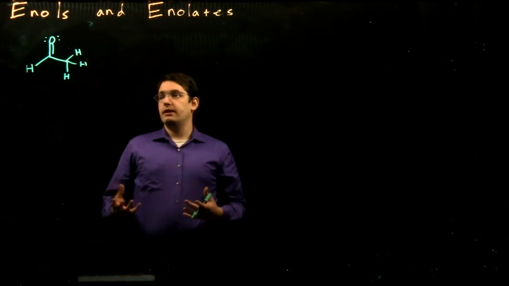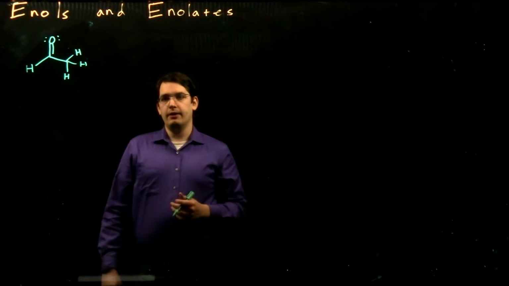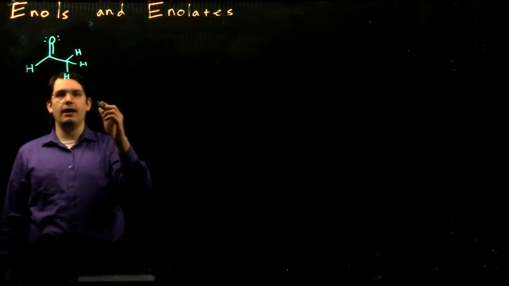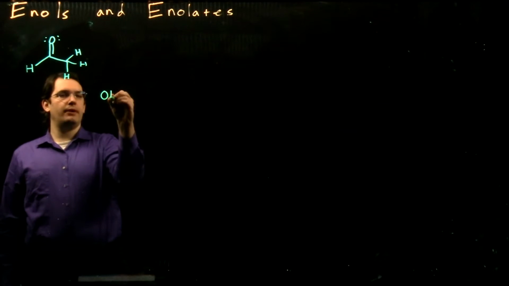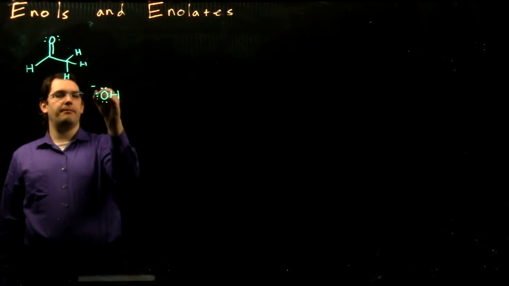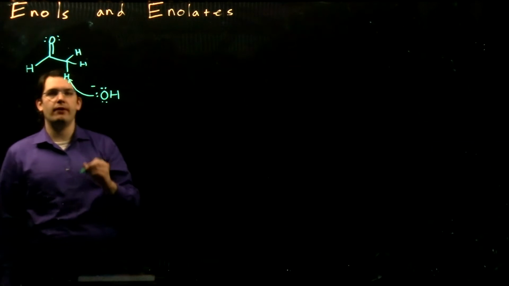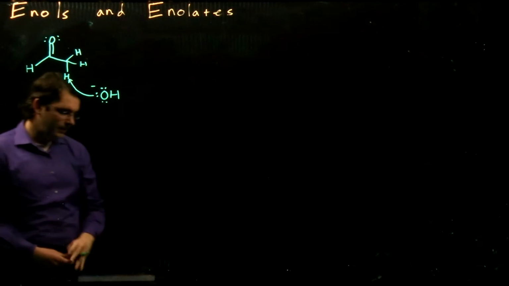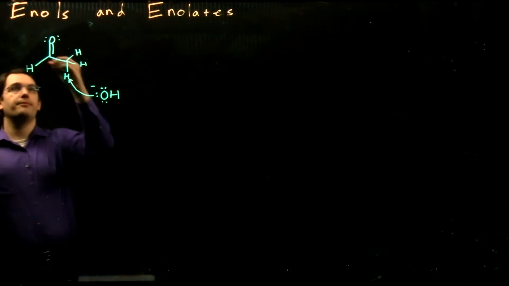So let's start by looking at a simple carbonyl here. This is our ethanal with our 2-carbon aldehyde here. If we bring in a base, we can use that base to, again, remove one of these hydrogens. Again, the acidity of these hydrogens is increased through that inductive effect.